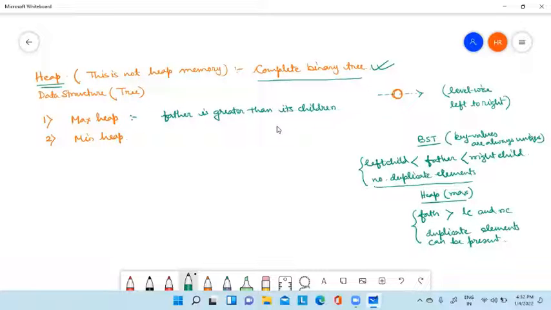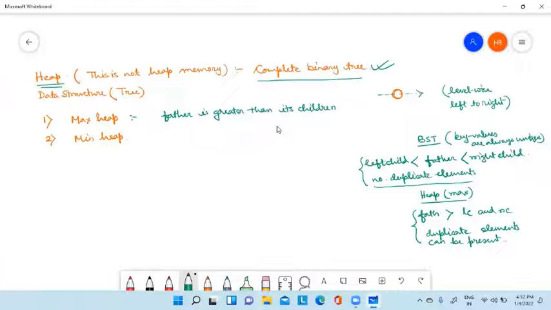You will understand more about these key values most probably in your fifth semester in DBMS, database management system. In database management system, we generally store one key value which is unique, and based on that key value we can search any element.